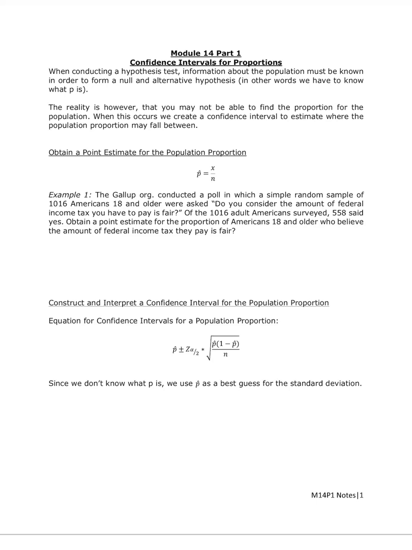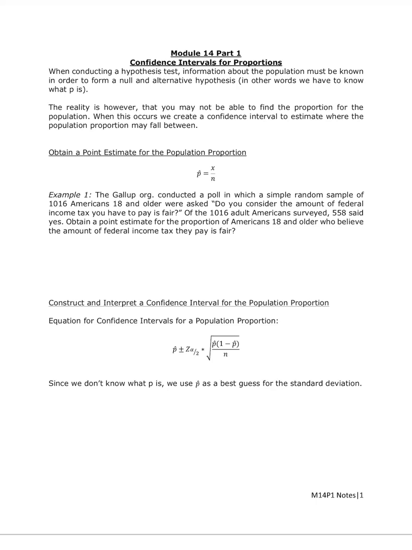So the first thing we have to do is find a point estimate for the population proportion. We are going to use the sample proportion as our point estimate. So basically we're going to say, all right, I don't know what the population proportion is, so I'm going to use my sample proportion as my best estimate.